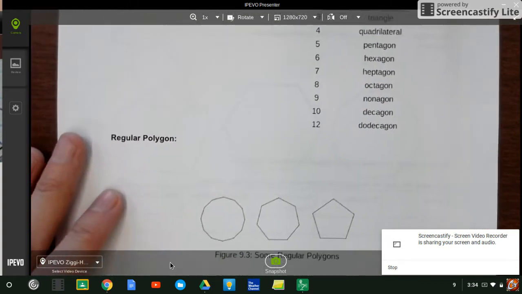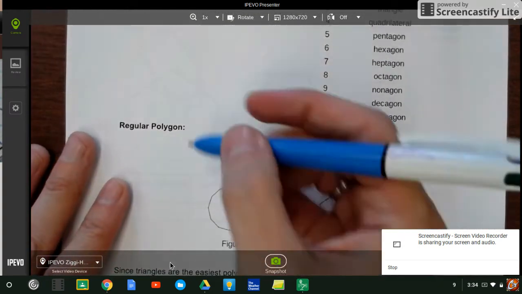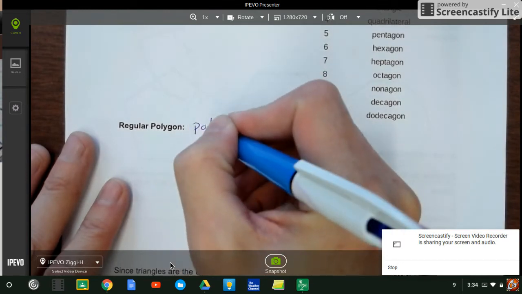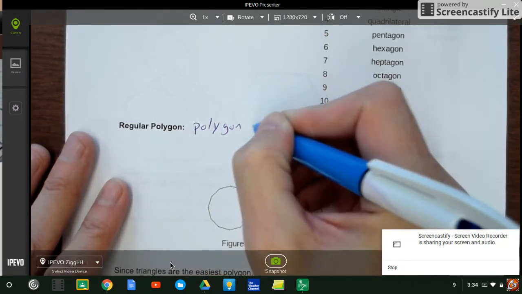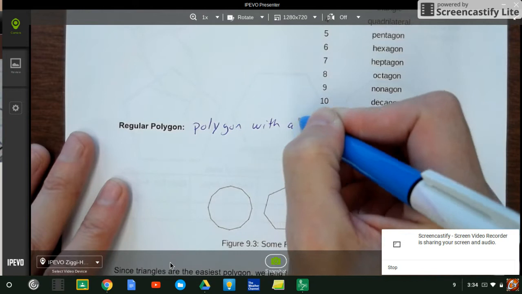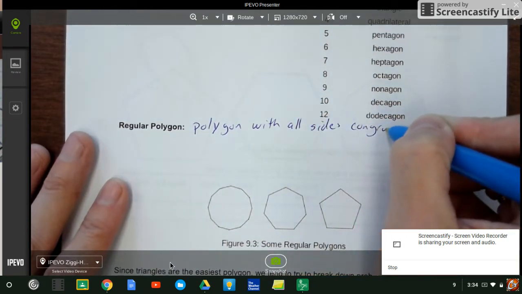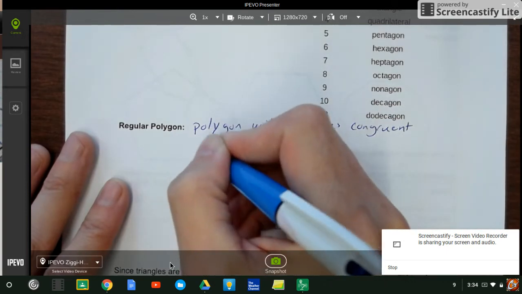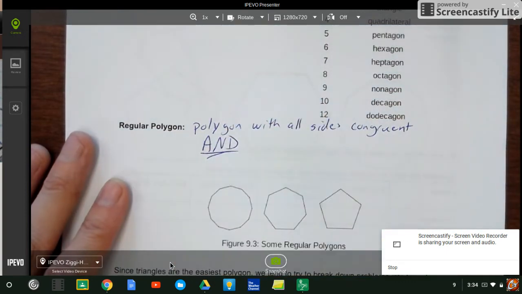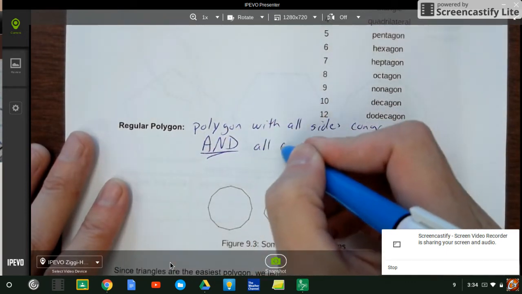So a regular polygon is a little special because a regular polygon is a polygon with all sides congruent and, that's a big and there, all angles congruent.